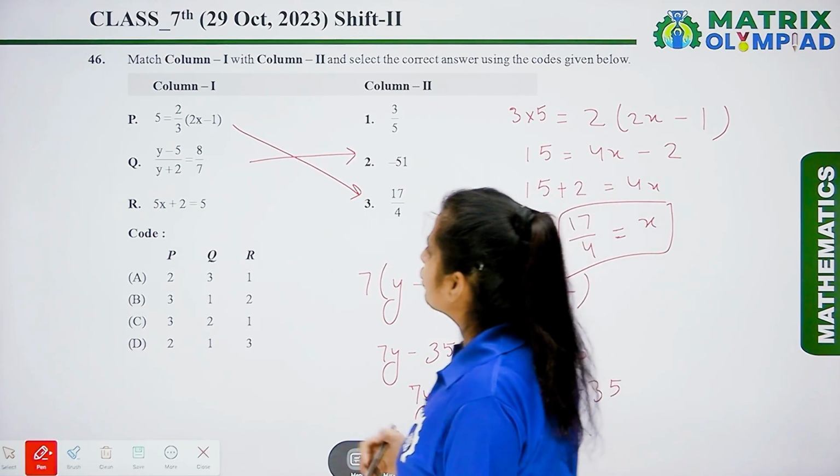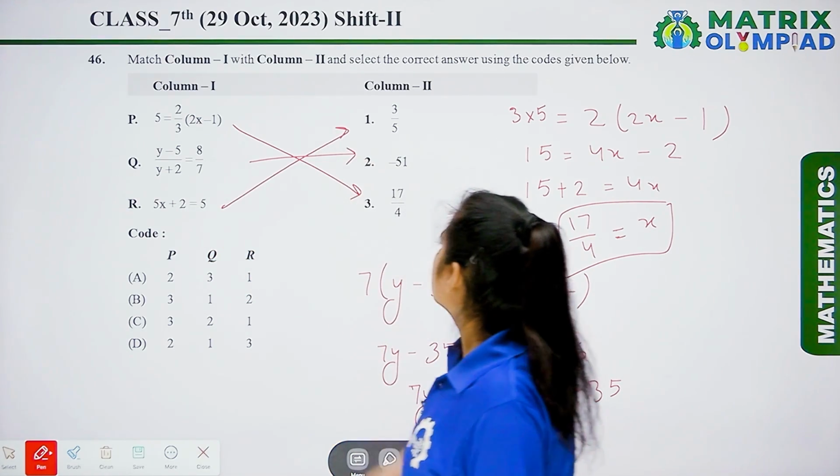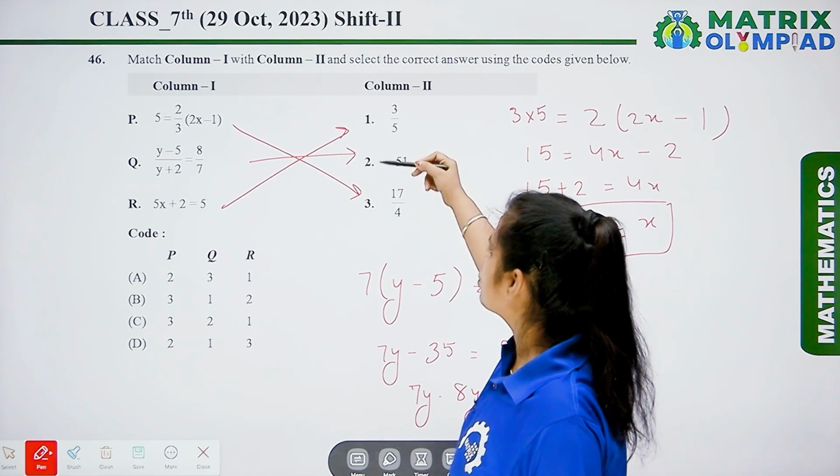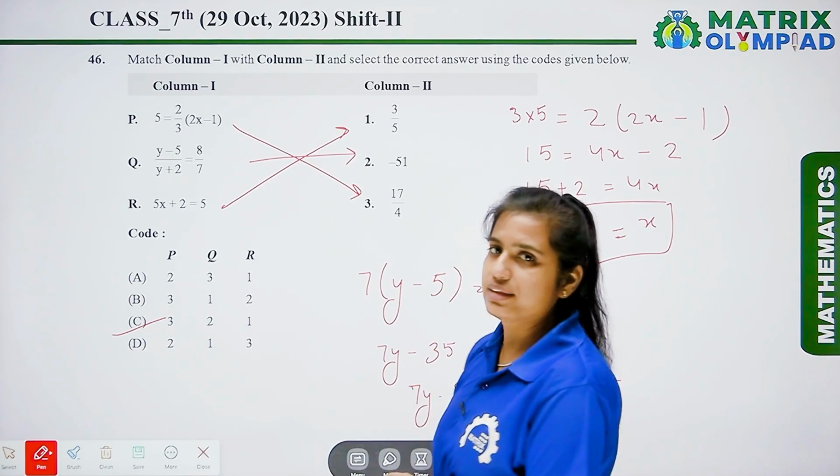And the next value is 5 minus 2 is 3, so 3/5. So the correct sequence is 3, 2, 1. Here 3, 2, 1 is the correct answer.